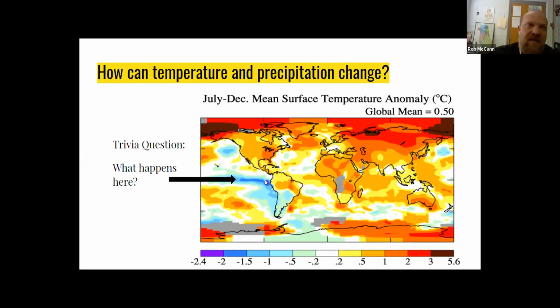A, B, and C. We'll start from the north and go south here. So A will be polar easterlies, B will be westerlies, and C will be trade winds. So you can do A, B, or C. Good.